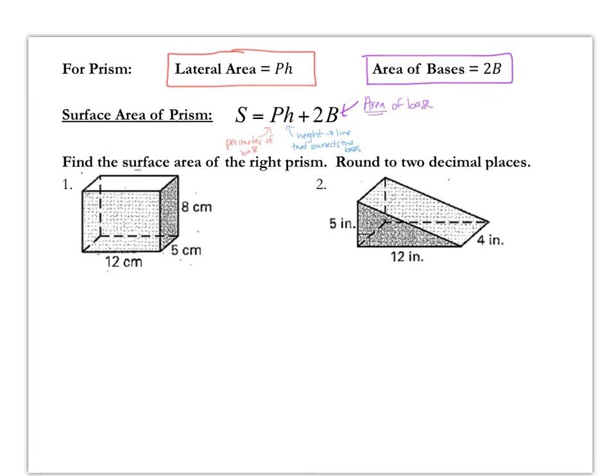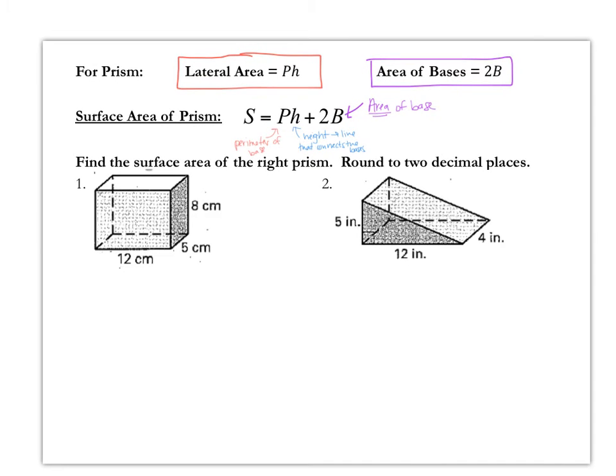So if you look at number 1, since we know it's a prism, I'm going to write down the letters we need to find. We need to know P, we need to know H, and we need to know big B. In order to find those, I do need to decide which shapes I'm going to call the bases, so I always highlight those first.